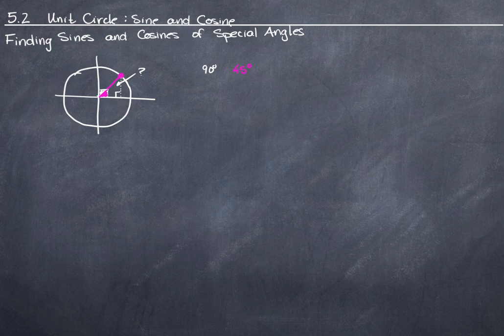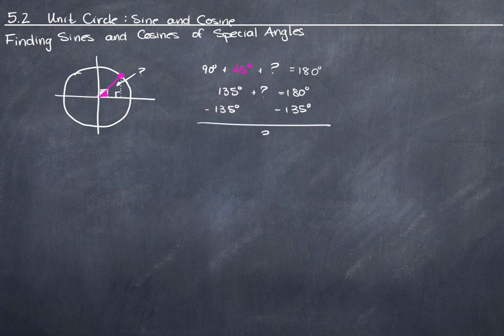If I add those together and then add the angle that I don't know, those have to add up to 180 degrees, because all three angles in any triangle add up to 180 degrees. Well, this is 135 when I add them together. And when I subtract 135 from both sides, I get that the unknown angle is 45 degrees.